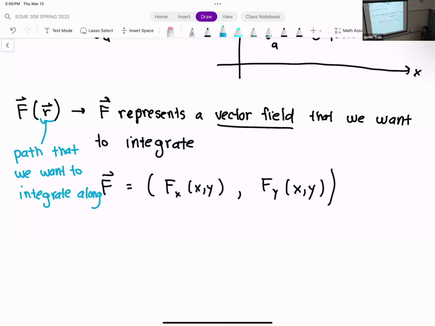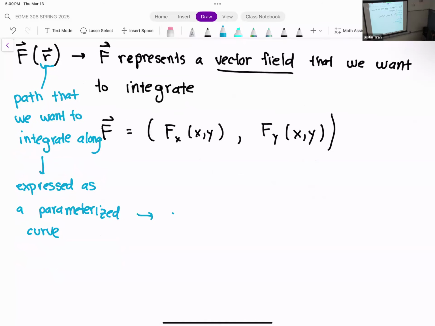Since r is a parameterized curve, it's a function of our parameter t, and it also has its components.